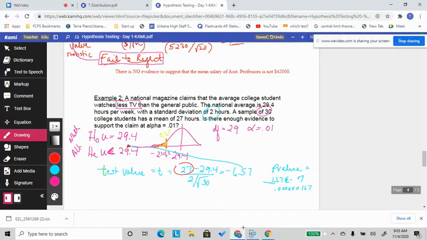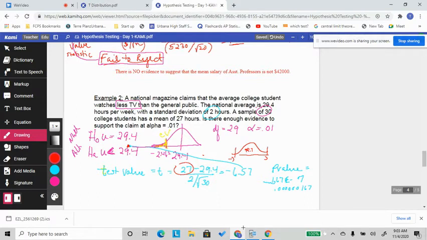When we learned a long time ago in Z scores with the empirical rule, between negative 3 and 3 should be 99.7%. We're at negative 6.5. So if you're talking about it as a normal curve, you're way down here. So is it significantly less? Yes. Does it definitely land in this critical region, or shaded area?